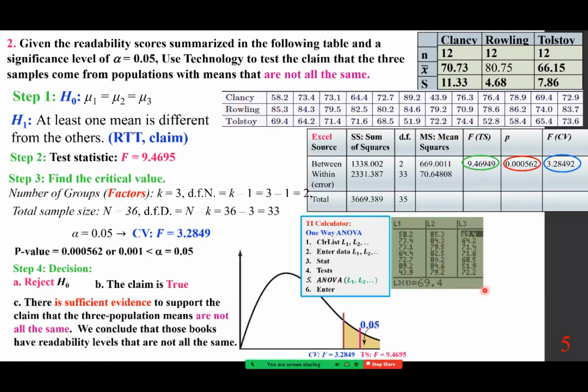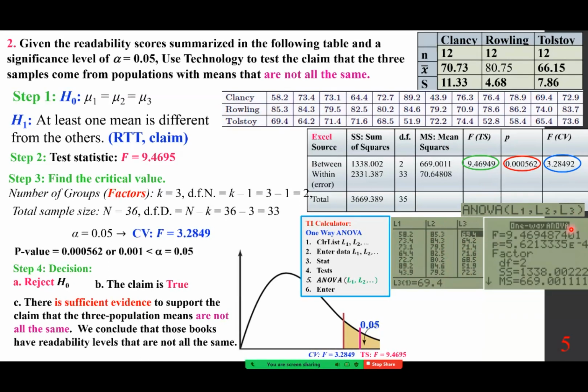So you have three lists. Then you go to the test, ANOVA, and all you have to do is put L1, comma, L2, comma, L3, close the parentheses, and it does the one-way ANOVA, and it gives you some information.